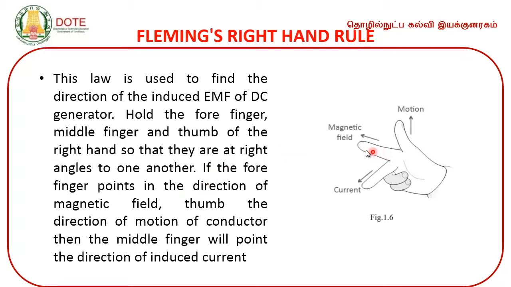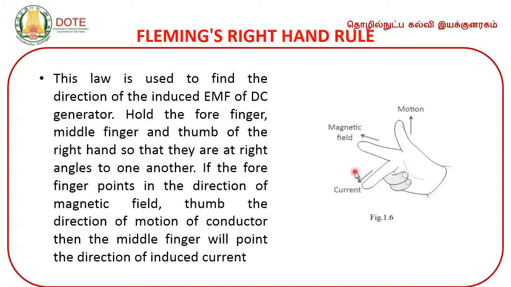If this forefinger represents the direction of the magnetic field and the thumb the direction of motion of the conductor, then ultimately the middle finger will point the direction of the induced current. You have to stretch out your fingers like this, mutually perpendicular to each other.